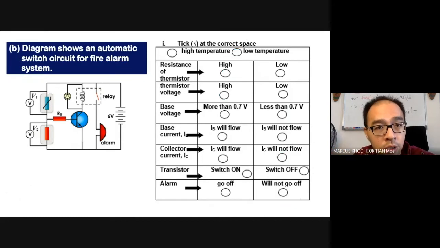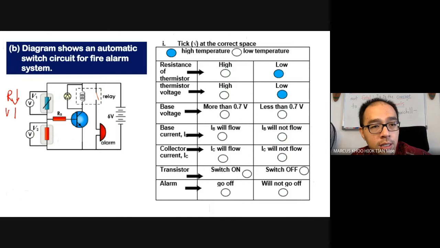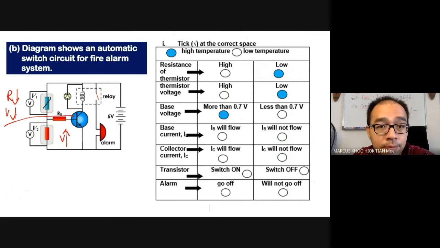Second situation, high temperature. I'm sure by now, well, I hope that by now you can actually fill this in yourself, without having to refer to this. Resistance of thermistor, when it is high temperature, it will be low. Low resistance means low voltage. Low voltage means over here, voltage will be increased.